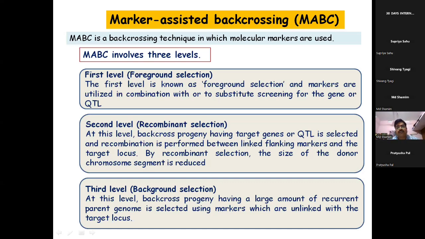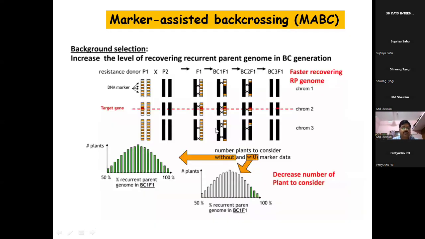The third level is background selection. In this step, the background recovery of the developed population is checked with the help of molecular markers. That is known as background selection.